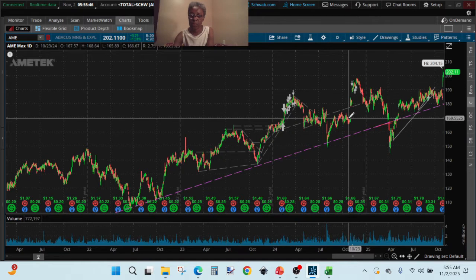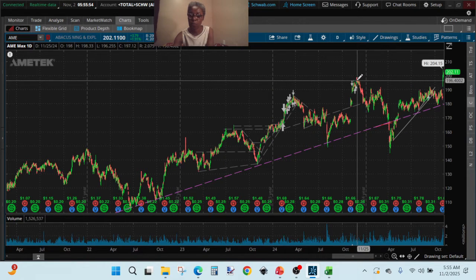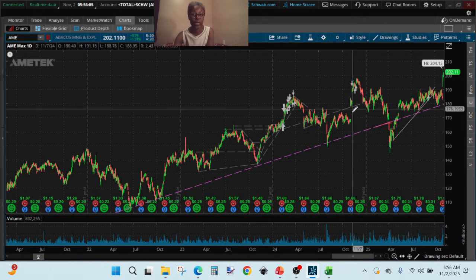Pretty much from the end of October 29, 2024, all the way to November 25, it makes me wonder if this stock has anything to do with holidays or what. But we have a growth going on here.